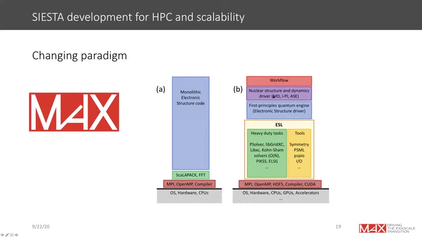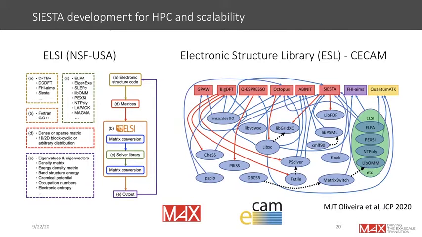Nuclear degrees of freedom would be here in purple, workflow tools, but we have heavy duty electronic structure tasks that are being shared, developed, and re-engineered in a common basis for many different codes, trying to avoid the reinventing of wheels every step of the way. So that is something which is happening both in the USA and Europe. We're both pushing it, and actually in collaboration.